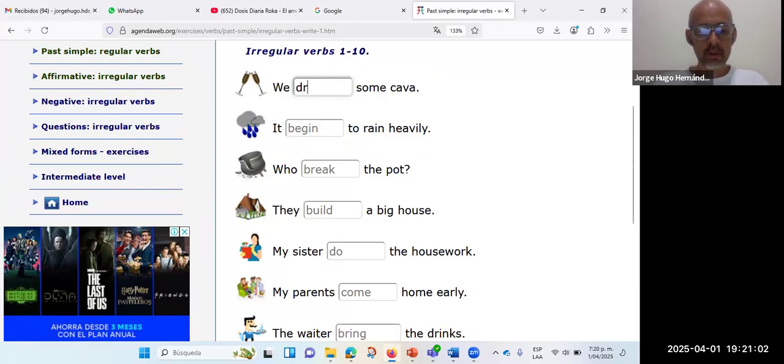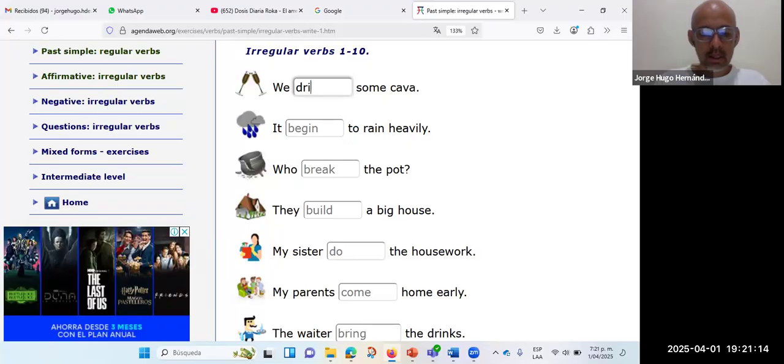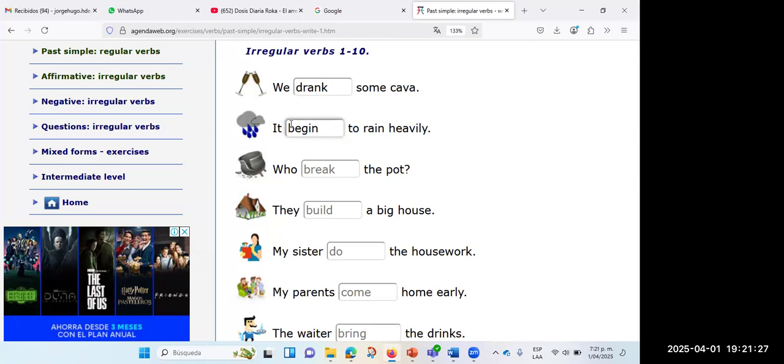What happened with these verbs? For example, does anyone know what is the past of drink? Drank, that's correct. Look at the screen. Drink, present. Drank, past, okay? Begin is present. What is the past of this verb? Began.